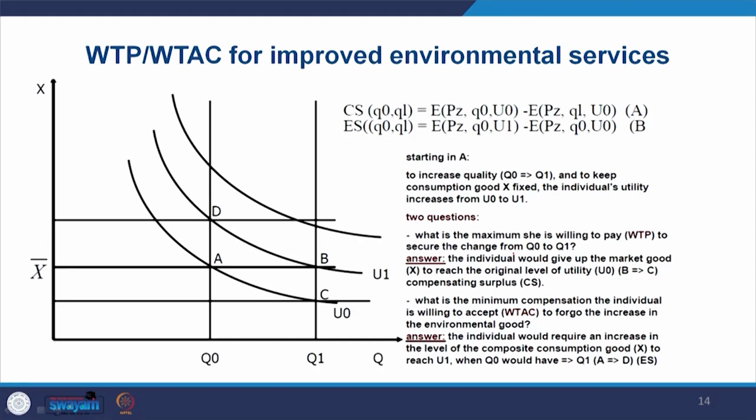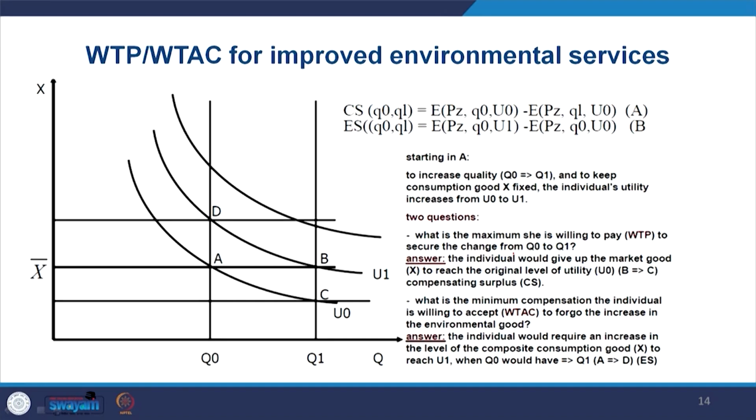So, now you can see from this graph that on the vertical axis we are measuring the conventional product, say X, and on the horizontal axis we are measuring the environmental product, say Q.